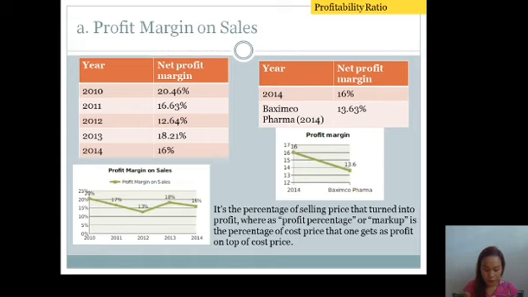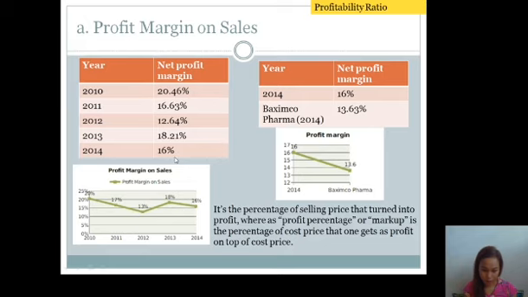If the ratio's percentage is minimal, then it indicates the product is priced lower in the market or product production costs are high. Here we see that the profit margin ratio was gradually decreasing from 2010 to 2012, from 20% to 12%, but it has gone up in 2013 and 2014.